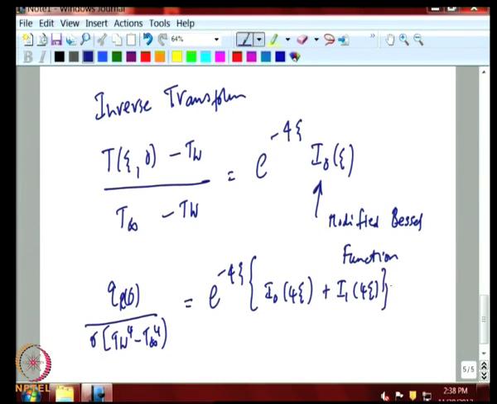In terms of two modified Bessel functions, and so you can see that we have been able to obtain an analytical solution for the radiative flux at the wall and the temperature distribution in terms of exponentials and the Bessel function.